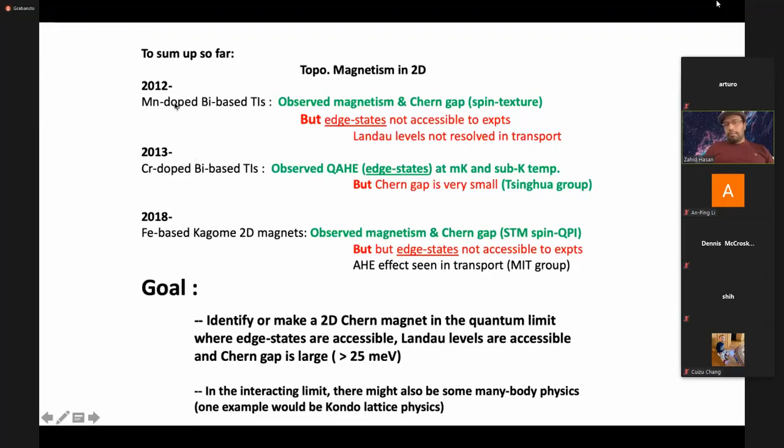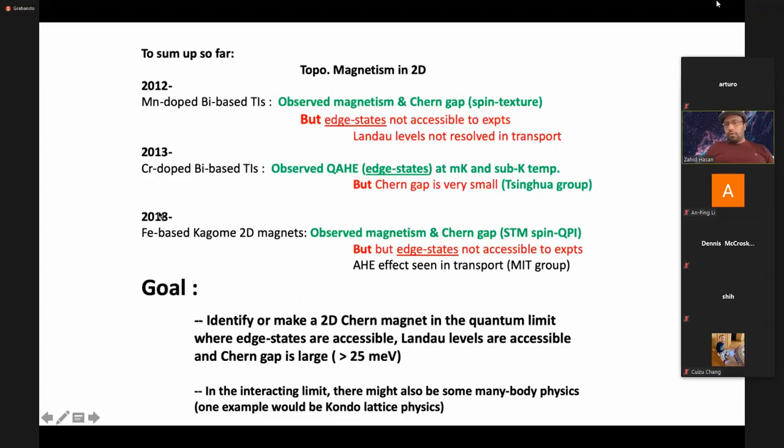So in that case, there was no edge state. In the Kagome materials, we could see that there is a Chern gap, but edge states were not that accessible. And there was also work by an MIT group, Tchaikovsky, who just found anomalous Hall effect.